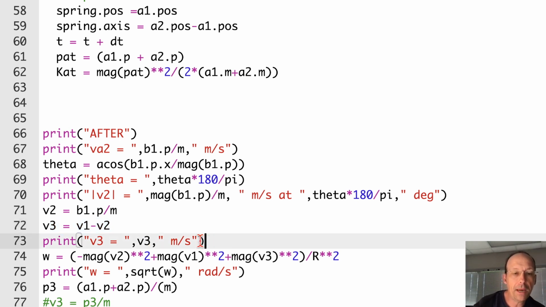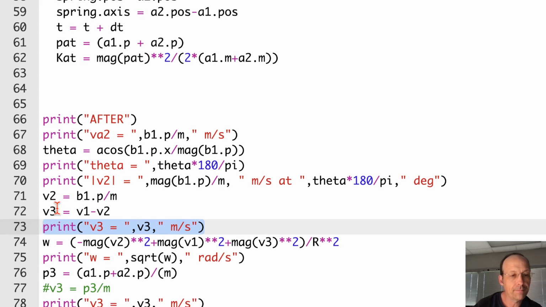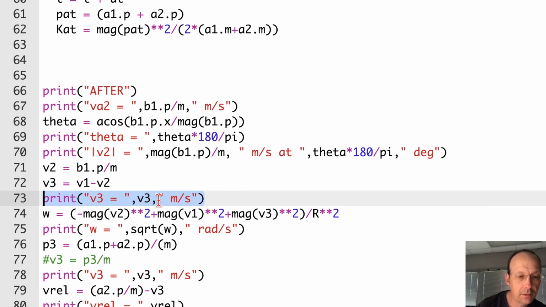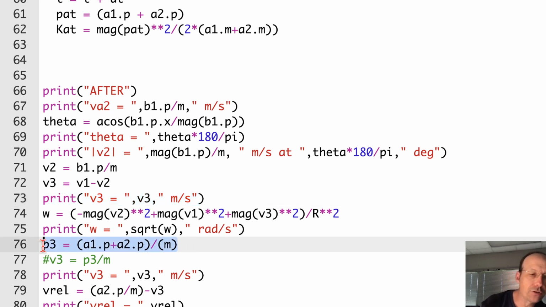So I want to compare this value to the actual value, which is, I'm calling V2, surprisingly. Oh, here's when I actually measure the velocity.